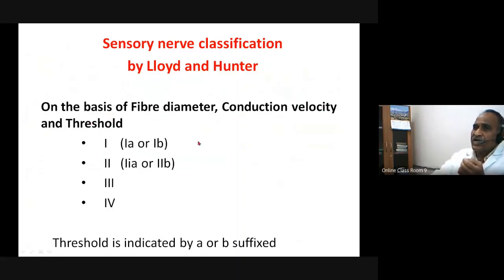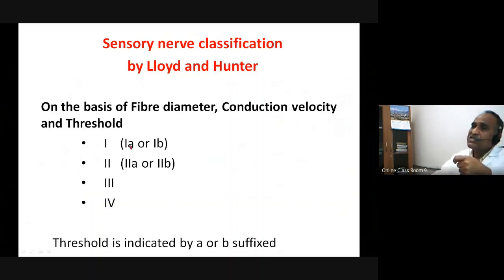According to that, they classified group 1, group 2, group 3, group 4 fibers.